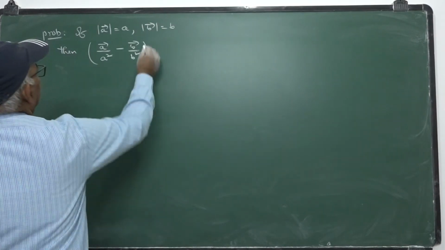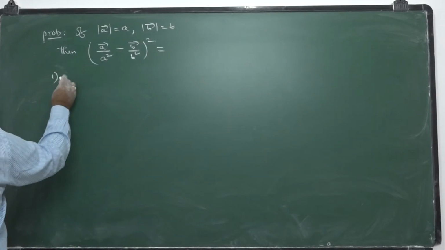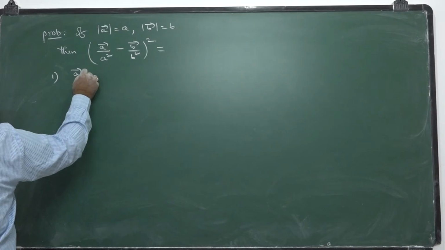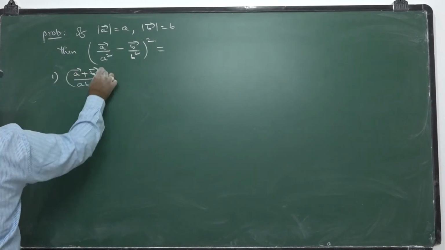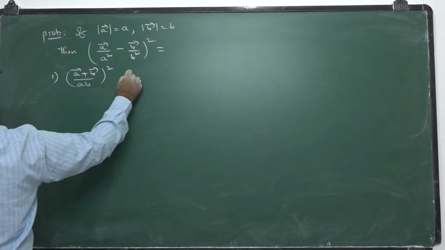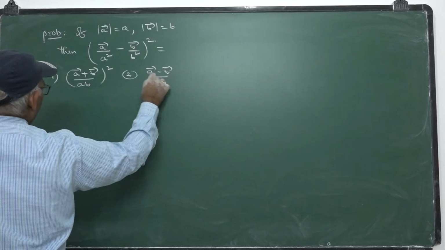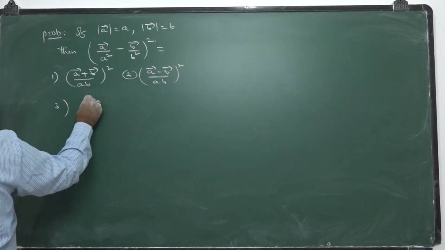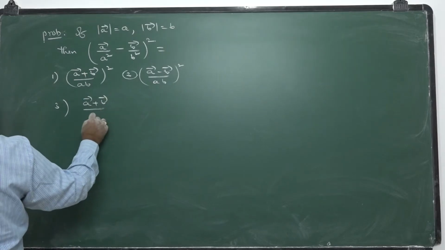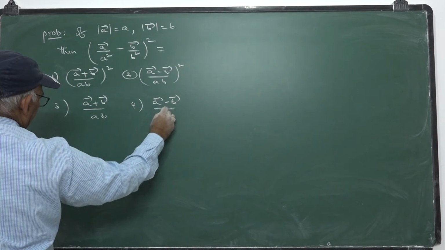So square equals: the first option is A bar plus B bar by AB whole square. The second option is A bar minus B bar by AB whole square. The third option is A bar plus B bar by AB itself. The fourth option is A bar minus B bar by AB itself.